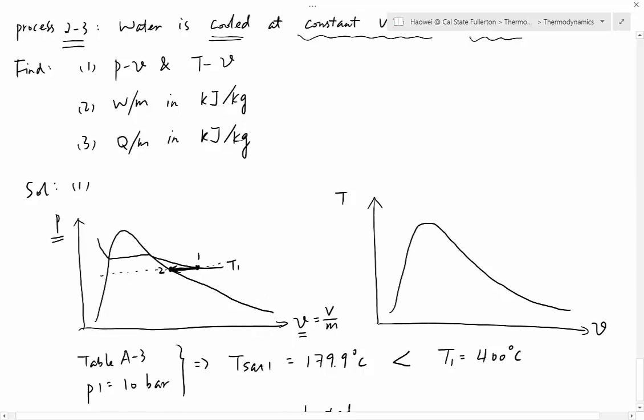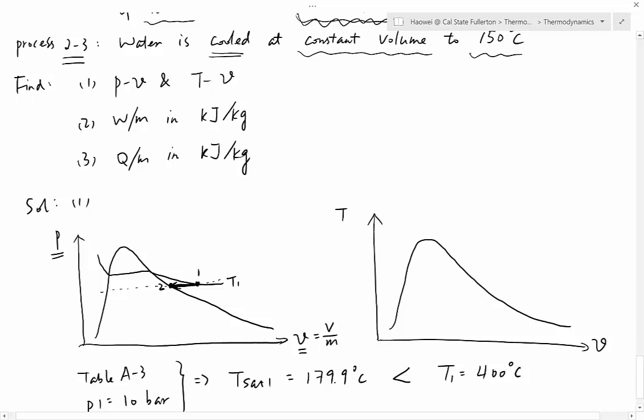If volume is constant and we know mass is constant because it's a closed system, that means nu is constant. So I have a constant x coordinate for process 2→3. If the x coordinate doesn't change, it must be a vertical line. So 2→3 must be on this vertical line. We can sketch a vertical line across point 2.